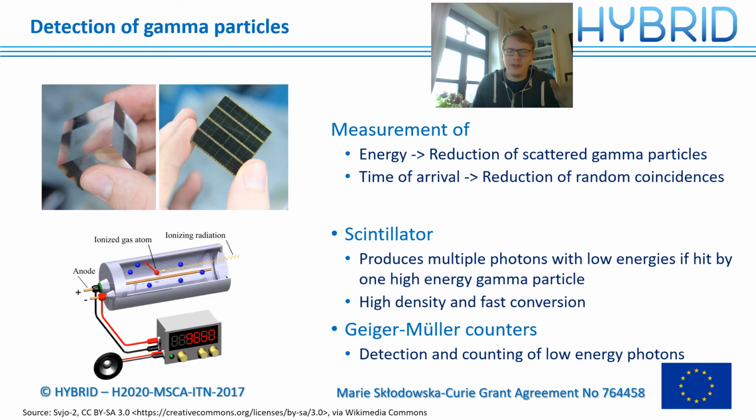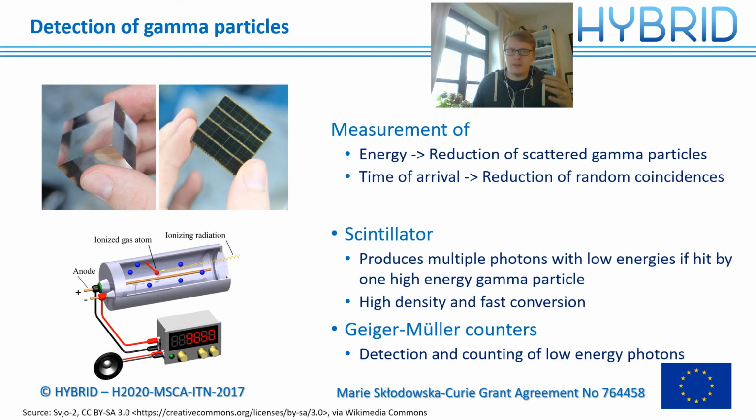If you don't know what that is, usually they look like this. There's a gas, and if radiation comes in, it triggers a chain reaction, and the whole chamber breaks through, and then you get basically the information: I measured something.